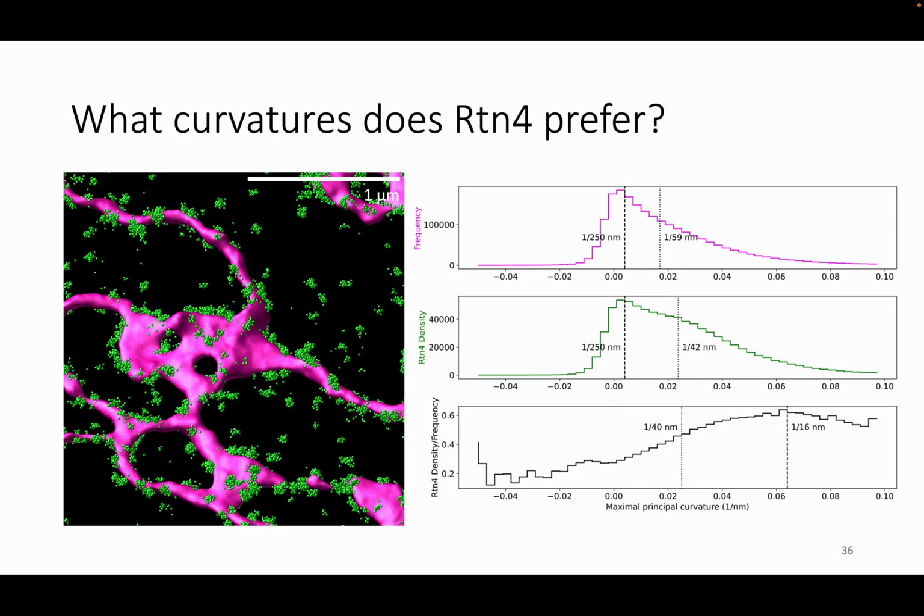And of course, we would also expect this pattern of reticulons increasing in density in areas of higher curvature. So again, I think this is excellent validation that we're really getting quantitative surfaces out of this reconstruction technique.